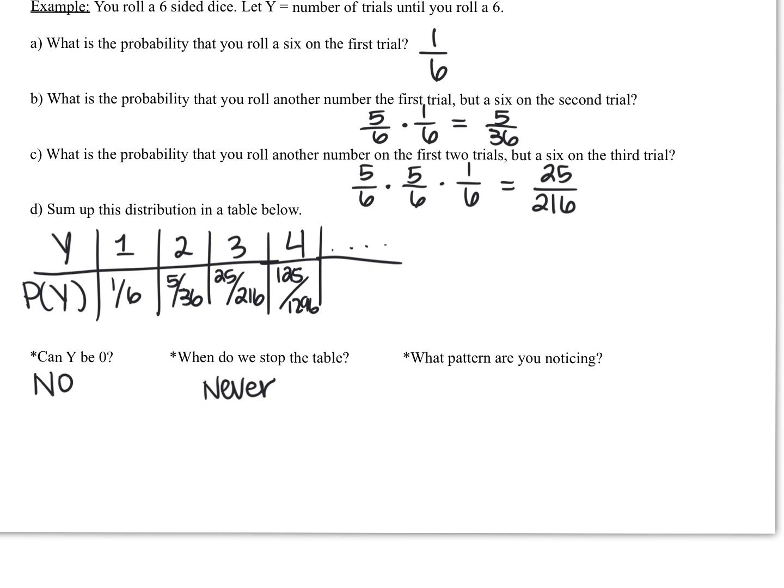And then what pattern are we noticing? So our formula, we had 1 minus the probability of success, raised to our number of failures, which in this example kept changing, times, and then there's only one probability of success. So if I had 2 failures first, I did 5/6 times 5/6.